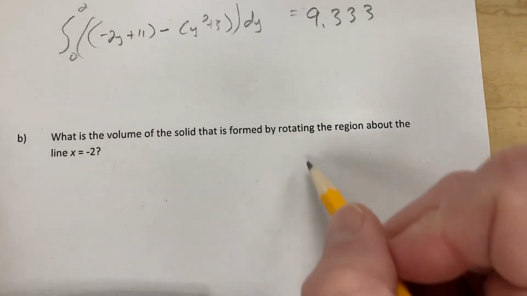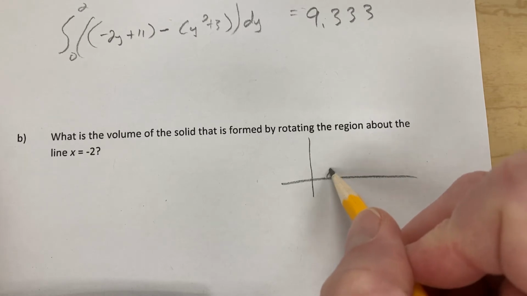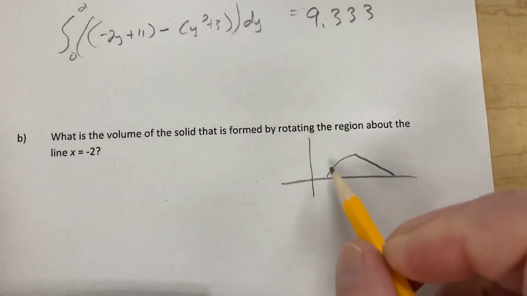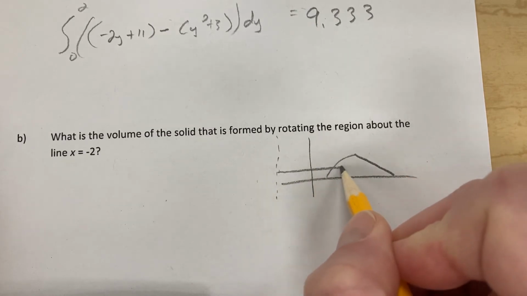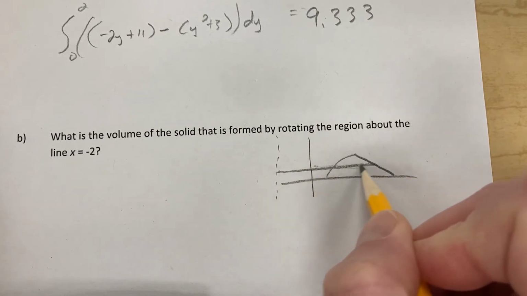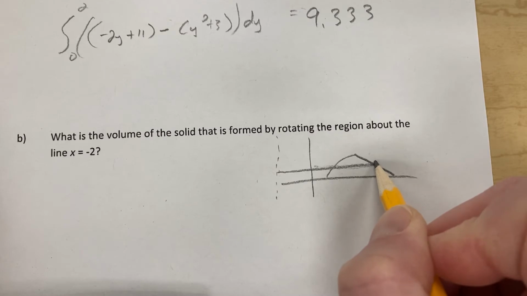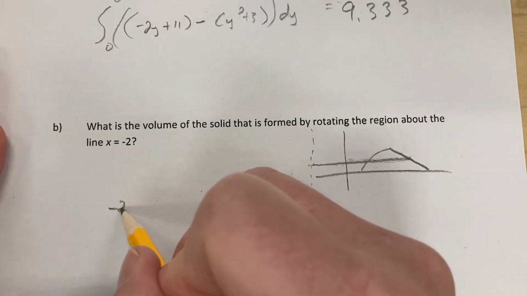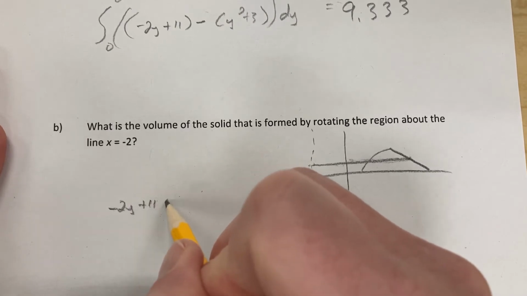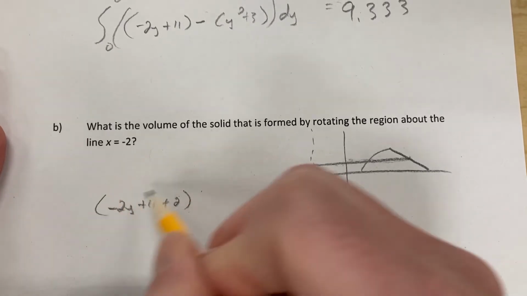In other words, if we take this same region and spin it around this line, we have a big radius that's going to be this outer function, negative 2y plus 11, plus 2 more. That would be the big radius.